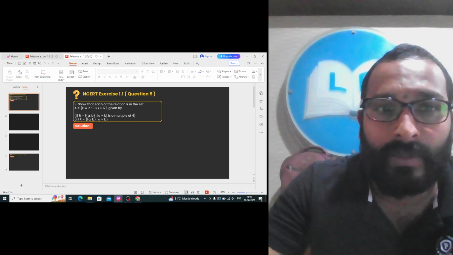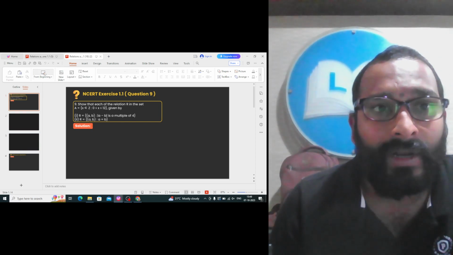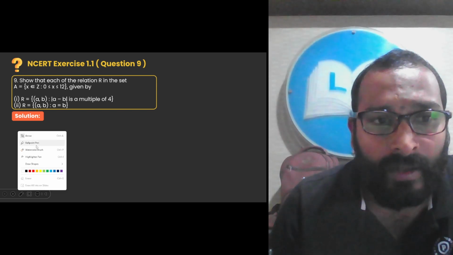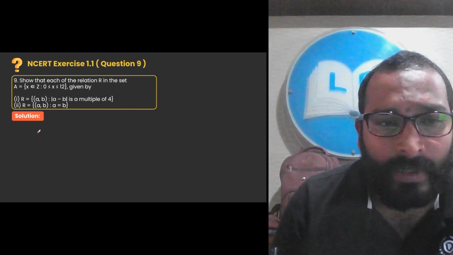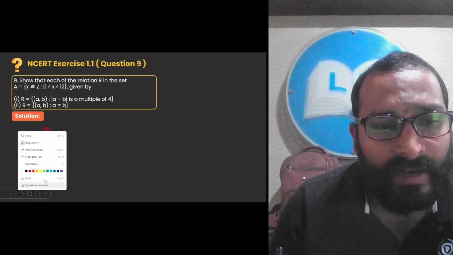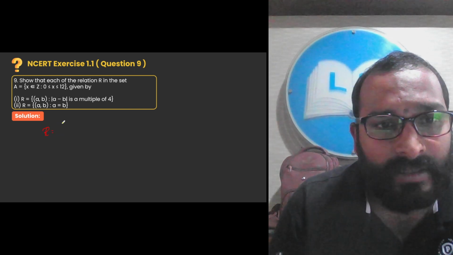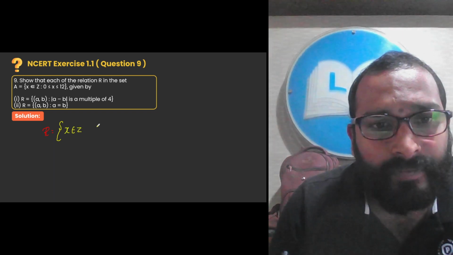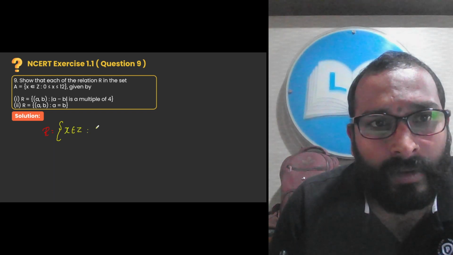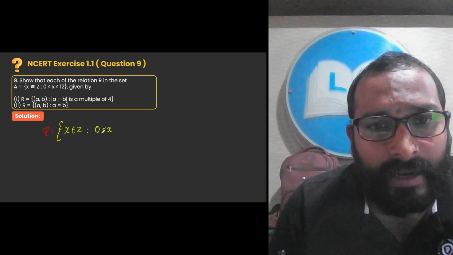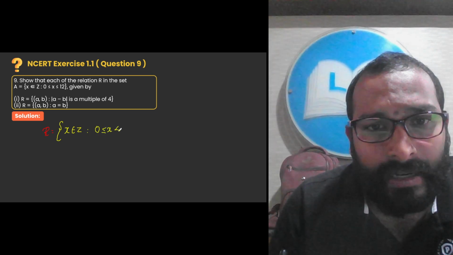Look at the first sub question under this, children. What are they telling you? In this sub question, R is given as x belongs to Z, and the x value is greater than or equal to 0 and less than or equal to 12.